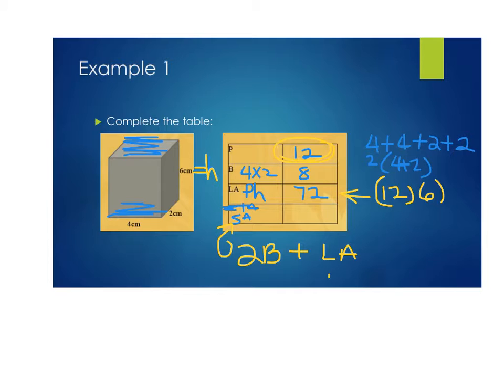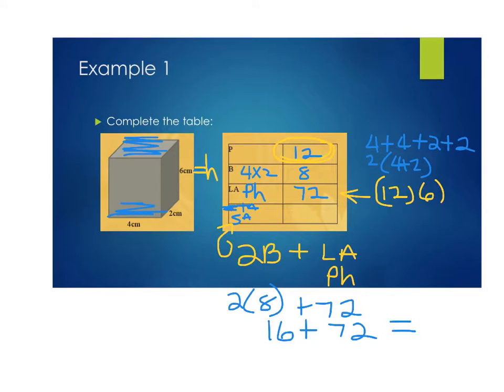Okay, so my lateral area was 72. And my base was 8, so 2 times 8 is 16, 16 plus 72, and I get 88. So my total area is going to be 88.